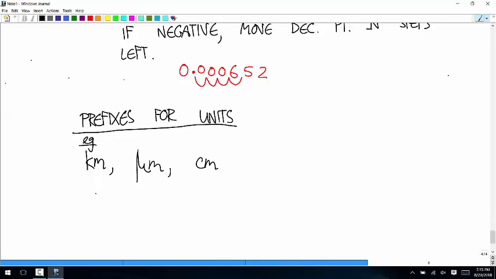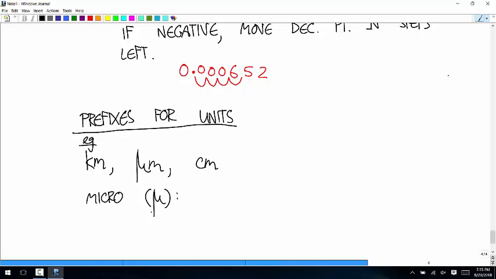So these are the ones that we're going to use a lot. Micro, and when people write it in an abbreviated form like that, they use the Greek letter mu. Greek letter mu is spelled mu, and it looks like it's in between an M and a U. That's how you can remember it.